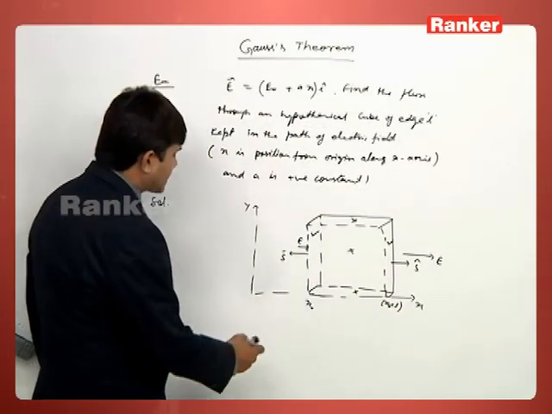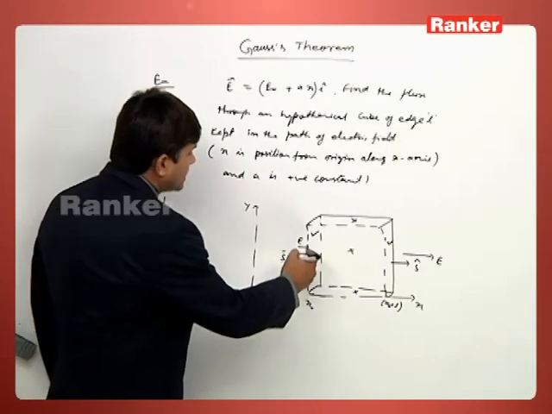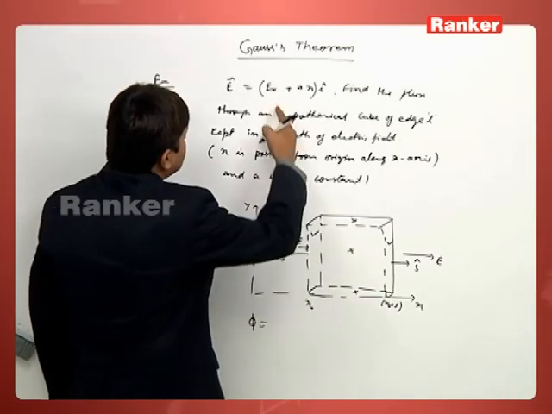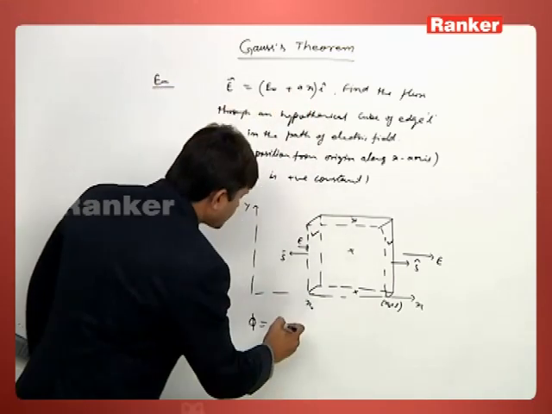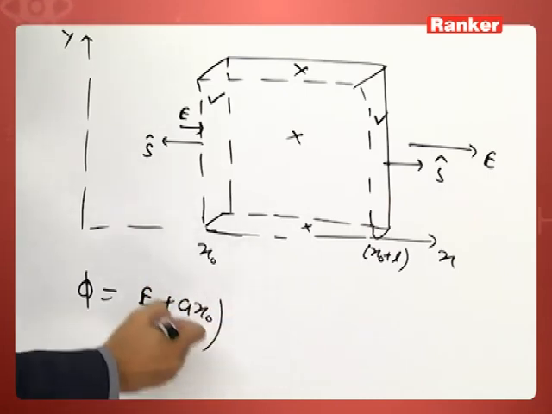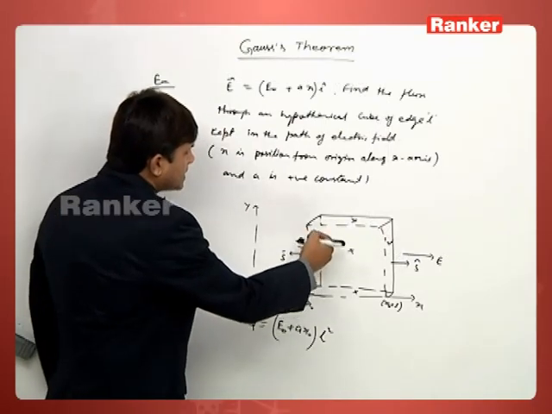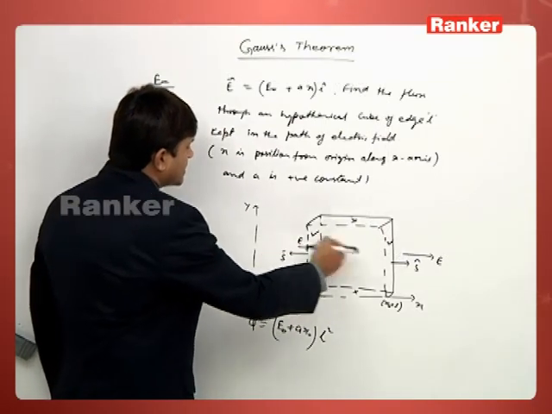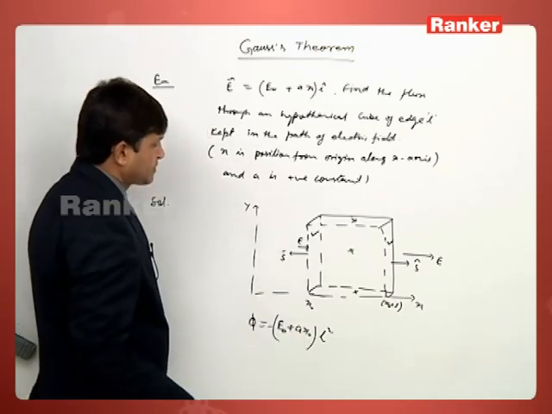So the total flux is equal to the electric field value E naught plus A x naught, at distance x naught, into area L square, and since the area vector is on this side and the electric field is this, the angle is 180 degrees, so minus sign.